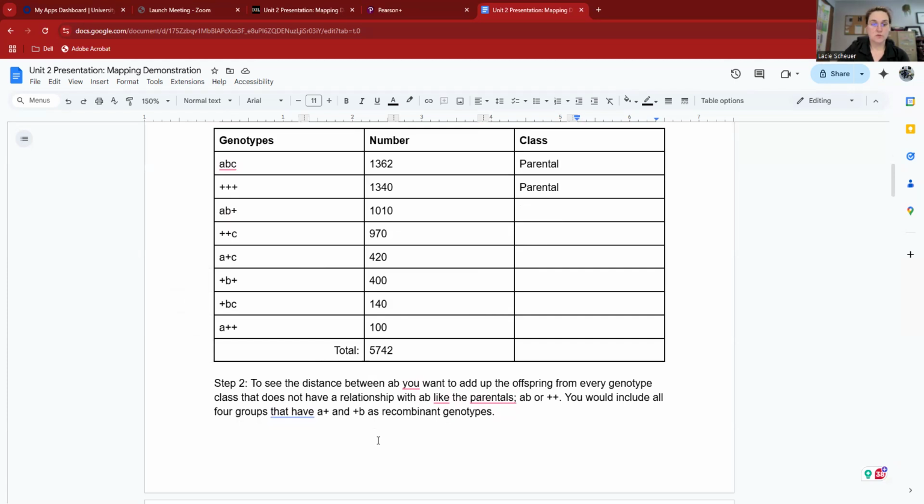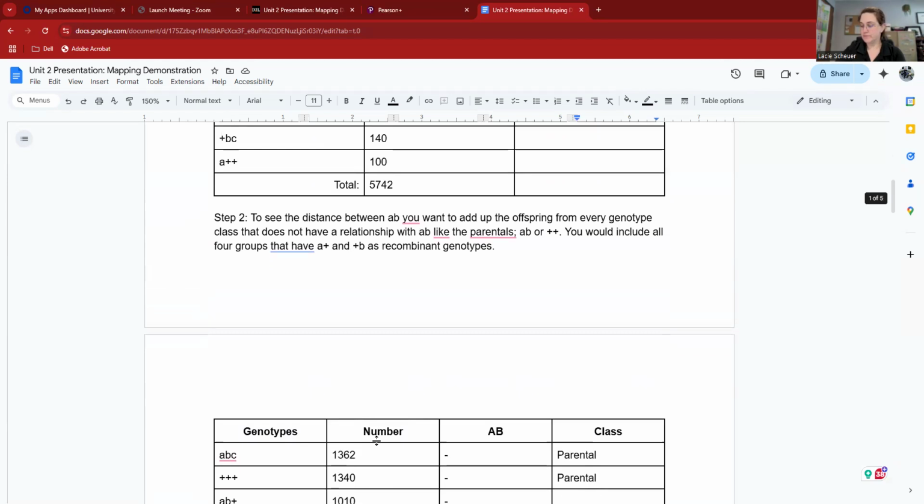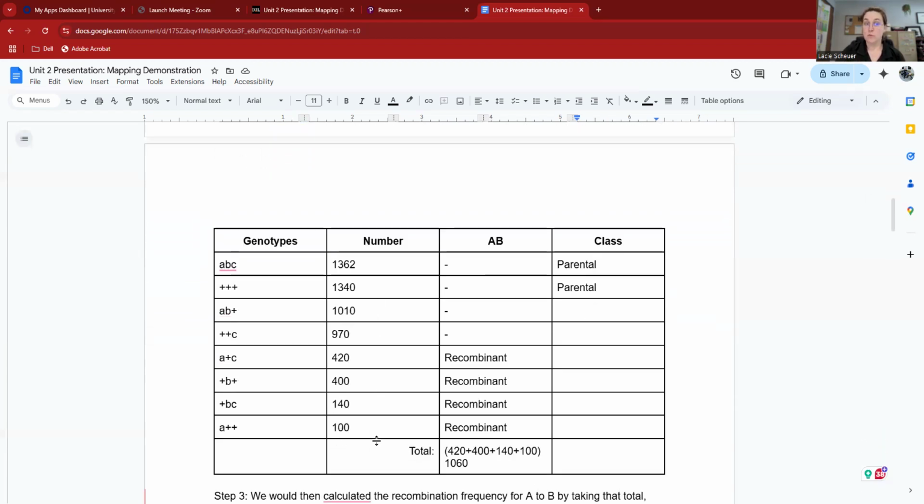Step 2, we go down here and you start to look at, we start to want to identify the distance between gene A and gene B, keeping in mind that the plus signs are referring to a wild type expression of that allele on the homologous pairs.